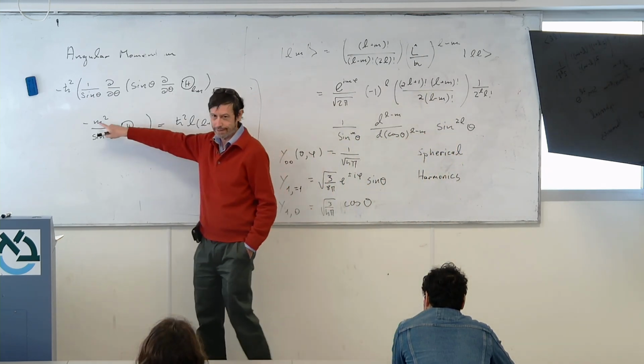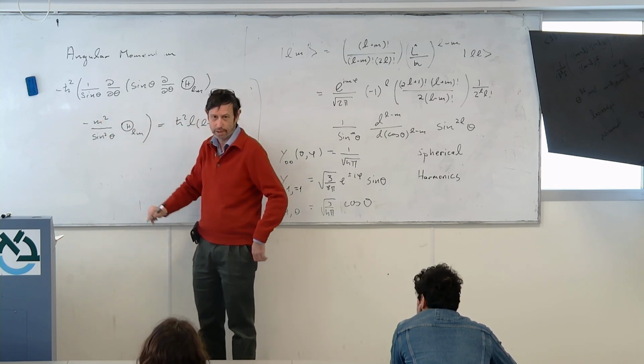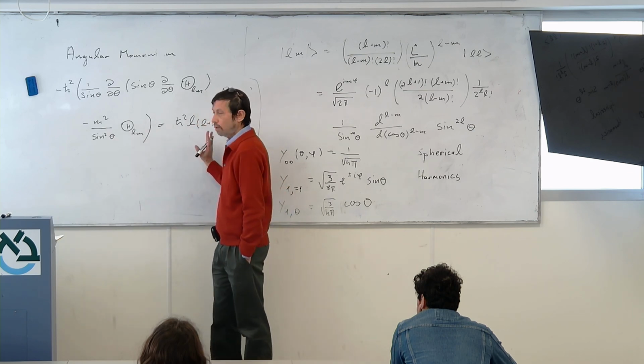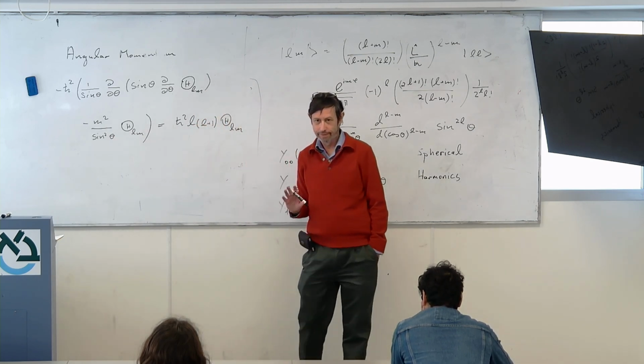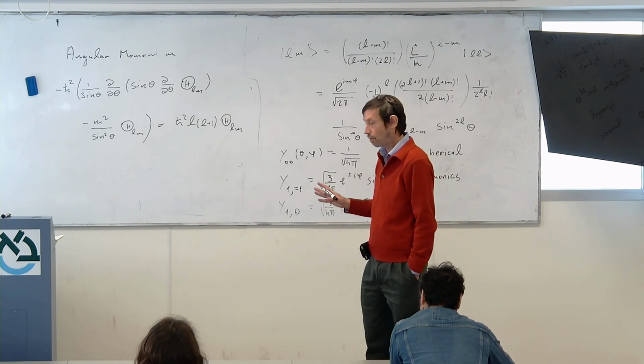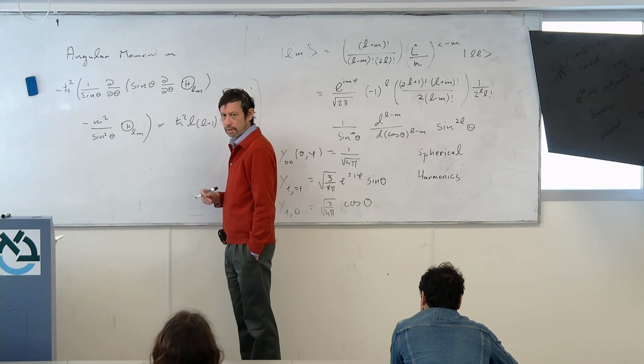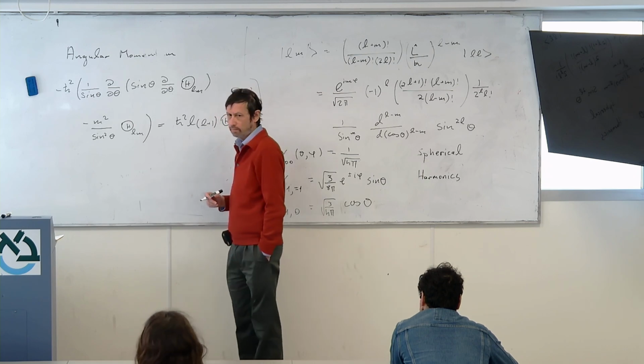That's why we get here m², just because we have the double derivative on phi, which gives us m² there. So we wrote down the original differential equation, or eigenvalue and eigenvector equation, for theta_lm.